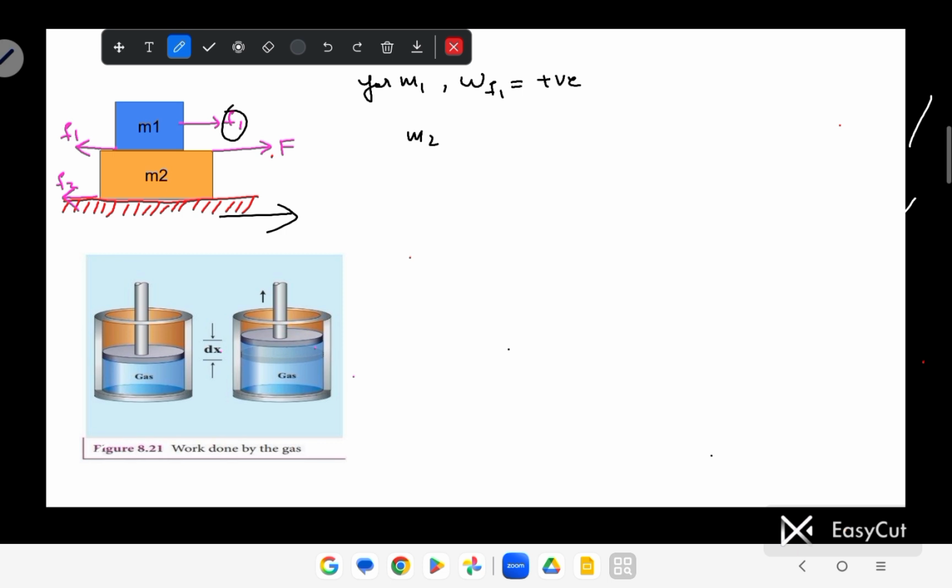Now for M2, don't you think that for M2 the frictional force will be F2? Yes, obviously. So the frictional force is acting in the opposite direction, which you can see through the pink color, and here the body is moving in this very direction, making a 180 degree angle.